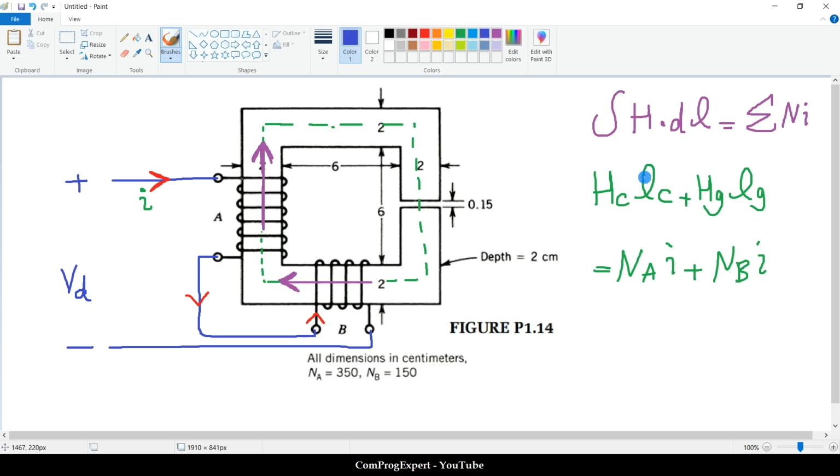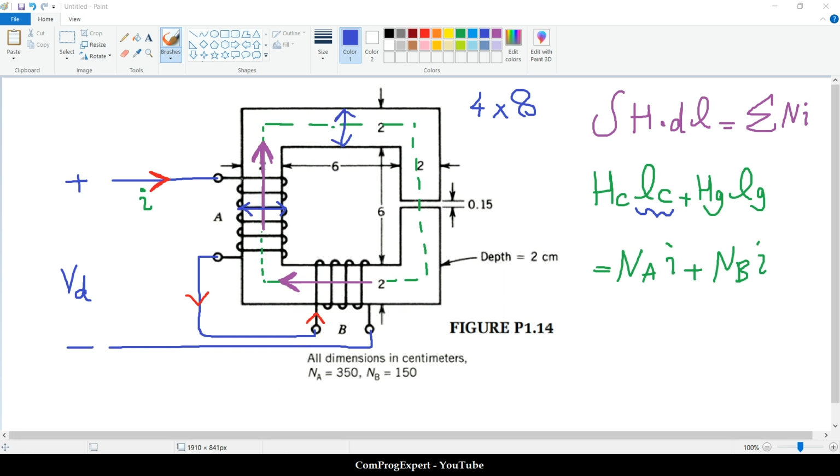So we know the value of LC is given here. You can see the dimensions. The average value is 4 times 8. Yes, we have the same width for the vertical limbs and the horizontal one.